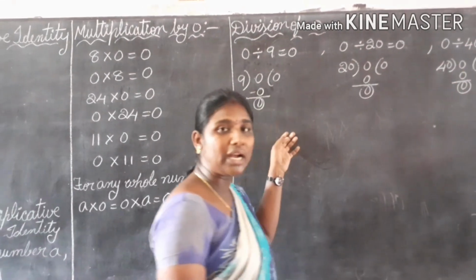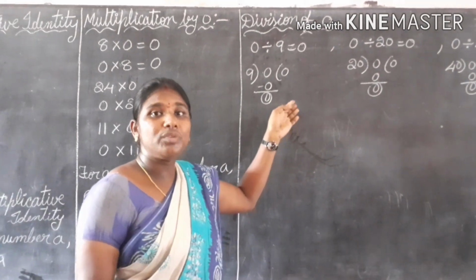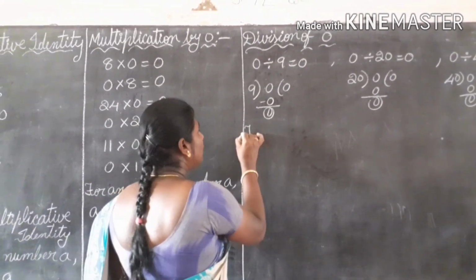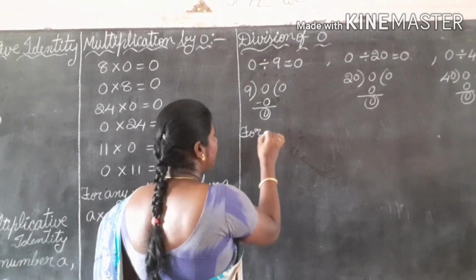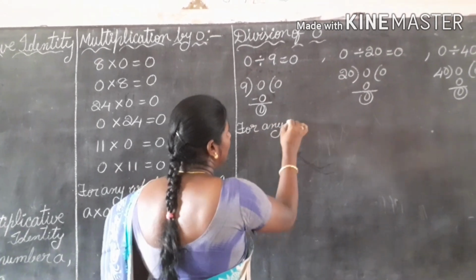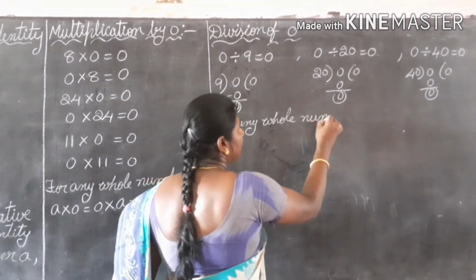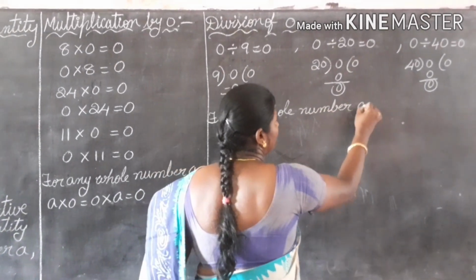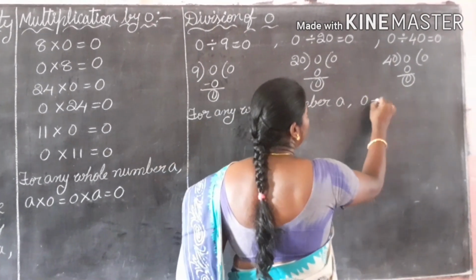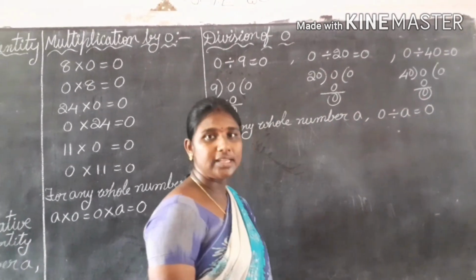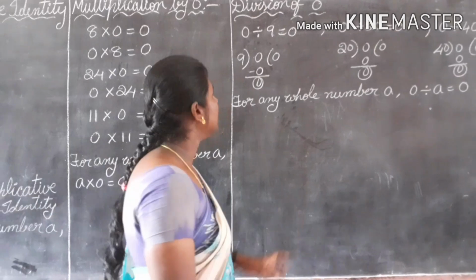That means when we divide 0 by any number, we will get 0. For any whole number A, 0 divided by A is equal to 0.